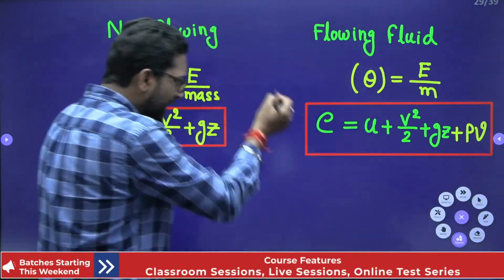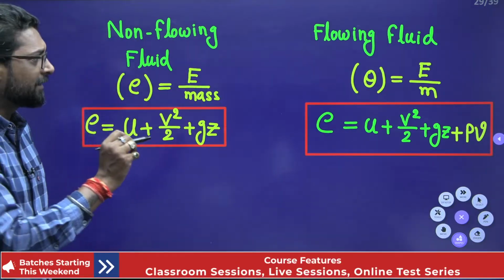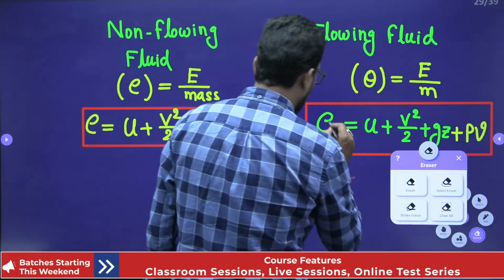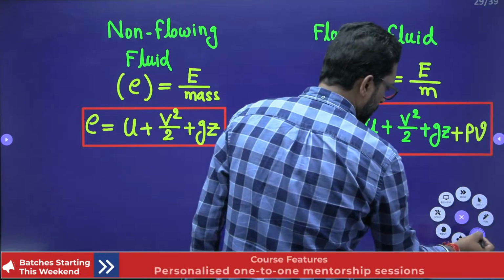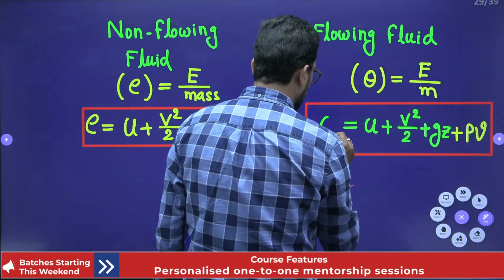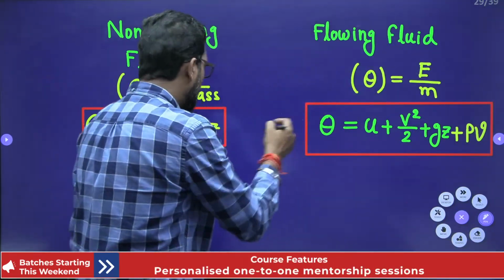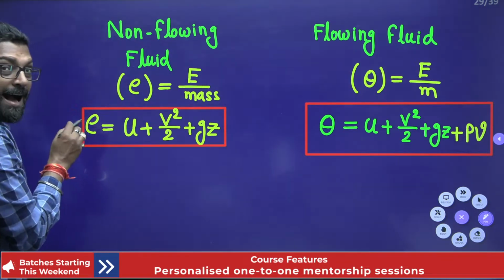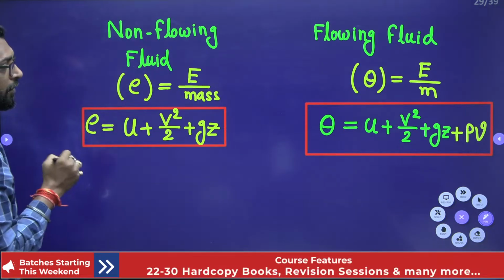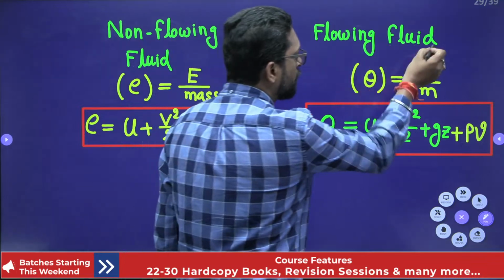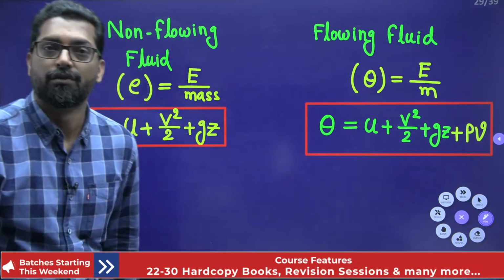Sorry, this is theta, not E. So this is your stored energy per unit mass for a non-flowing fluid, and this is your stored energy per unit mass of a flowing fluid, okay?